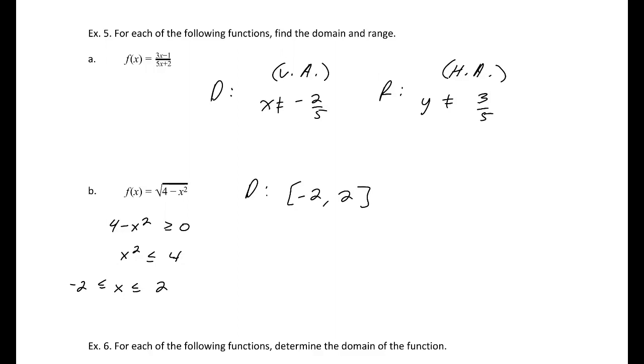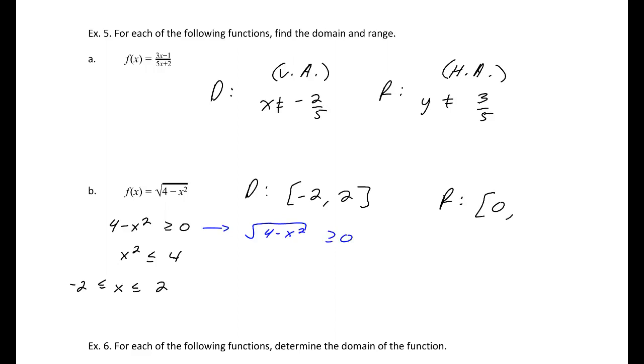Now the question is, what about our y values? Well, we can sort of trace this backwards. That x being between negative 2 and 2 means that x squared is less than or equal to 4, which means 4 minus x squared is greater than or equal to 0, which means the square root of 4 minus x squared is greater than or equal to 0. So our range is going to start at 0.